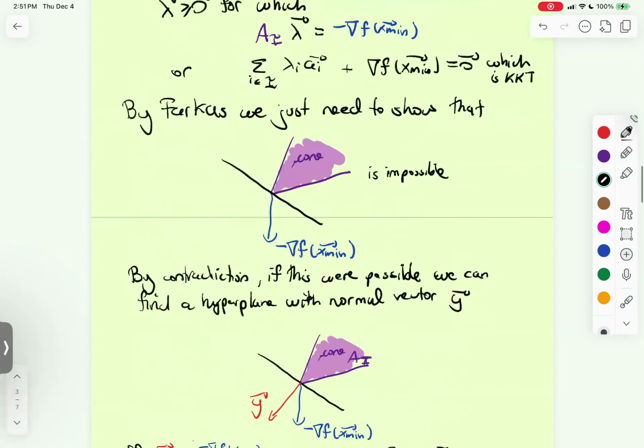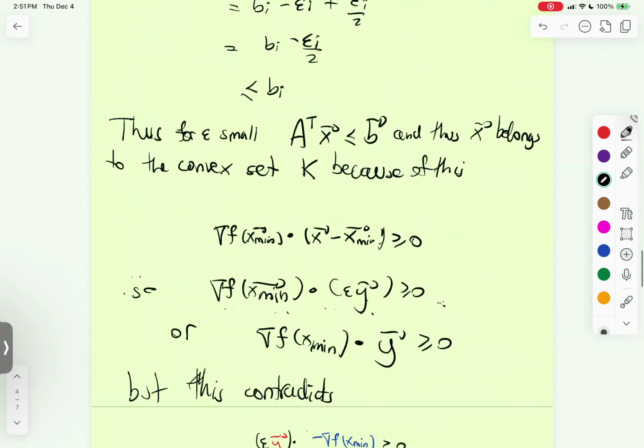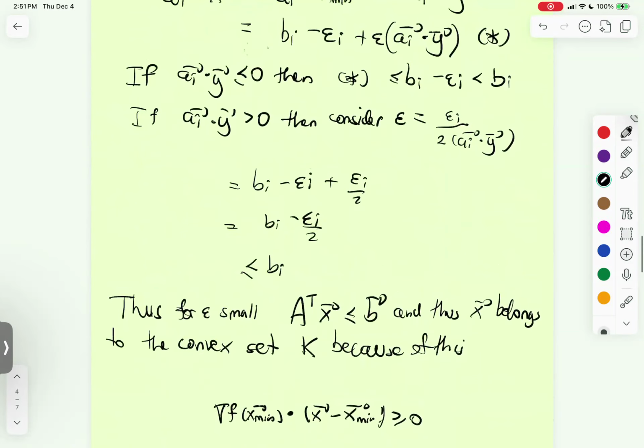But let's just buy for a moment that this vector x is inside the convex set. Why is it useful to know that x is in the convex set?